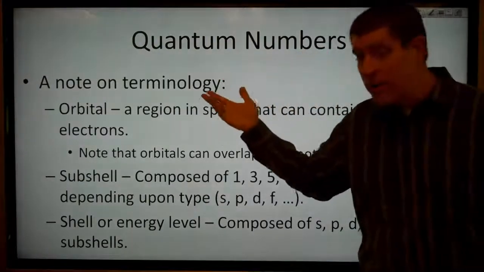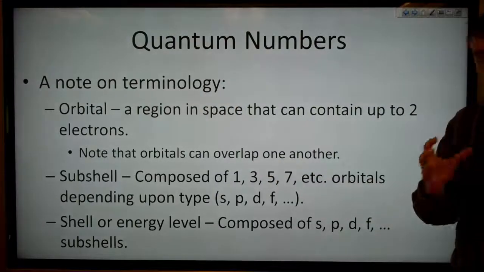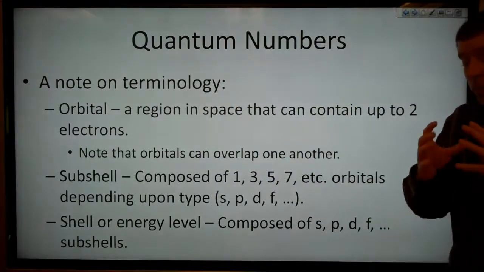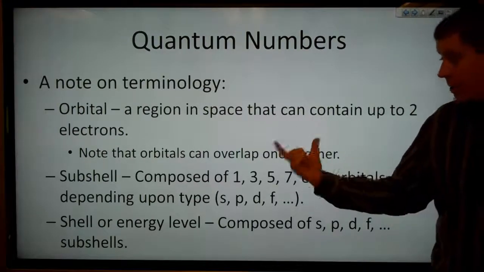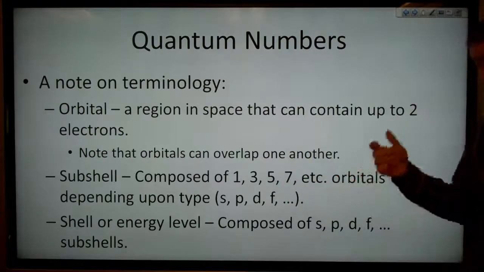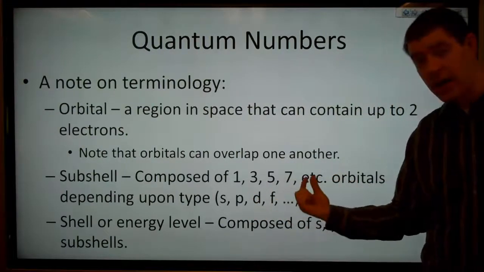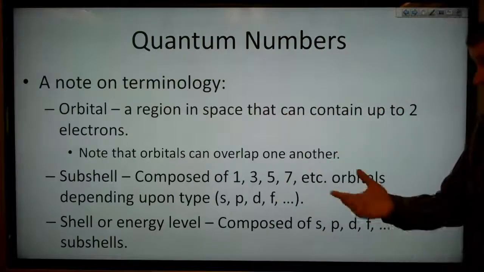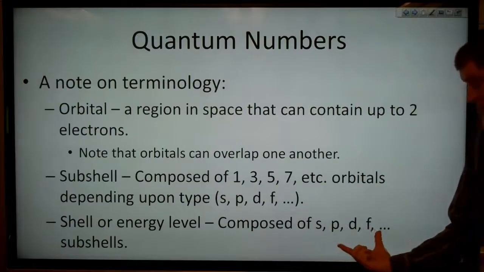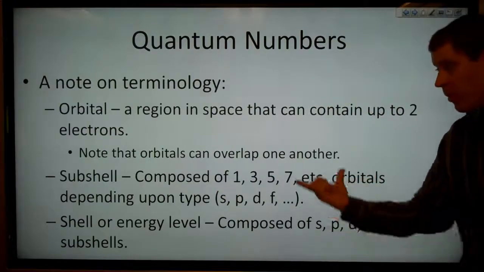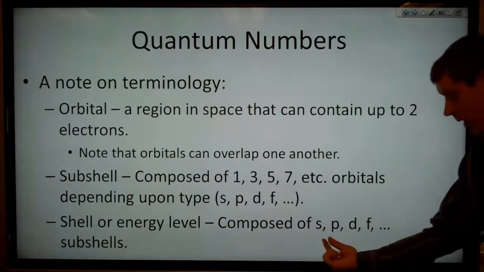So a note here on terminology is that an orbital is some region in space that can contain up to 2 electrons, and orbitals can overlap each other, so they're not mutually exclusive. A subshell is composed of 1, 3, 5, 7, 9, and so on orbitals, depending on the type, whether it's S, P, D, F, G, and so on, alphabetically from there. A shell or energy level is composed of possibly multiple subshells, but there's only one of any one of these in there.